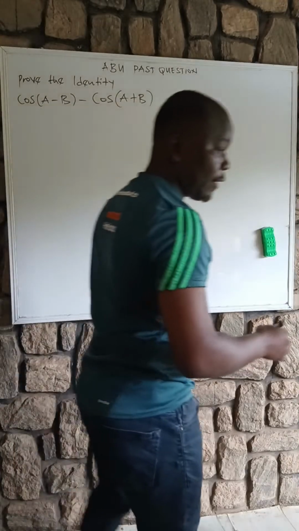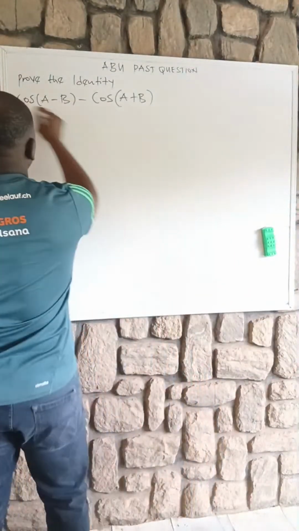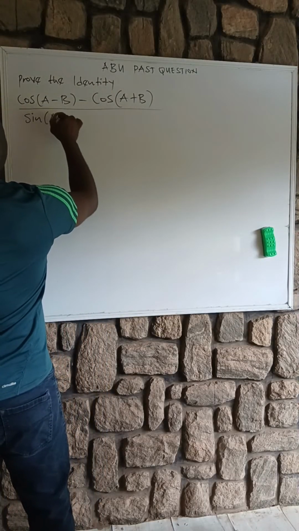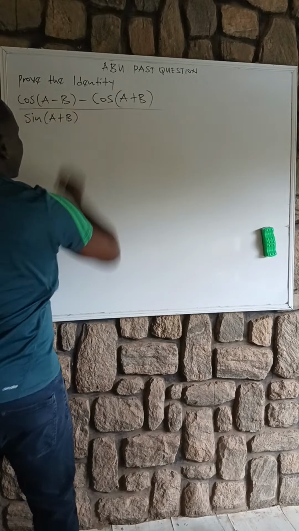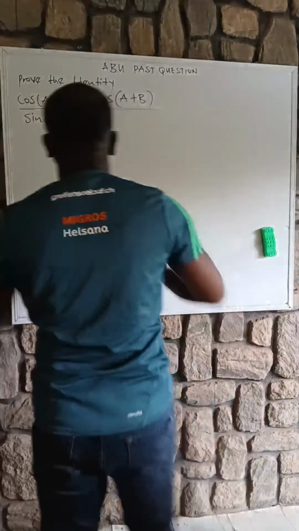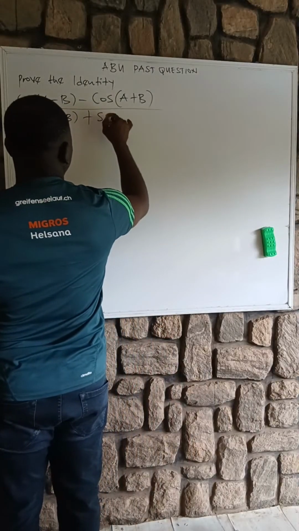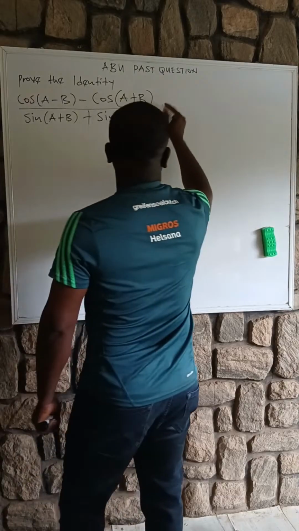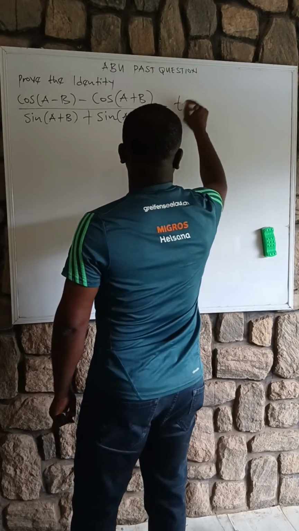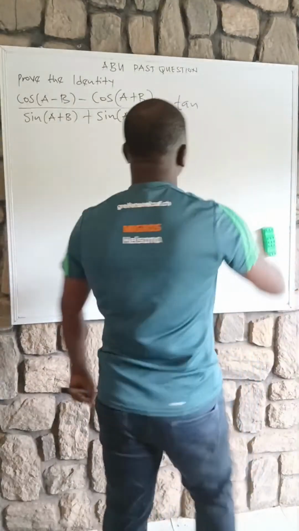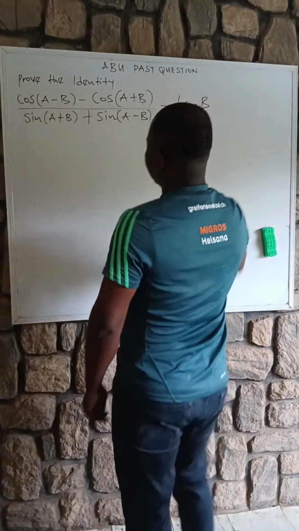Am I right? Okay, all over sine(A plus B) plus sine(A minus B) to be equal to tan B.